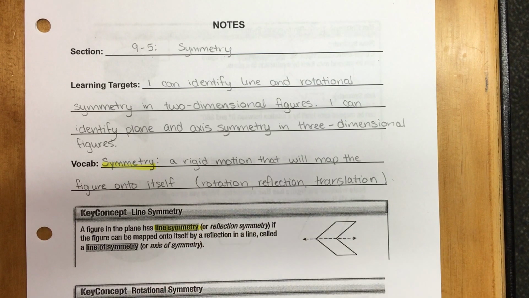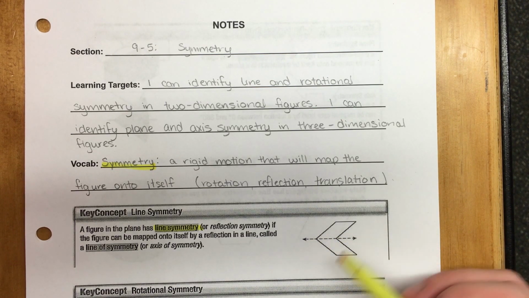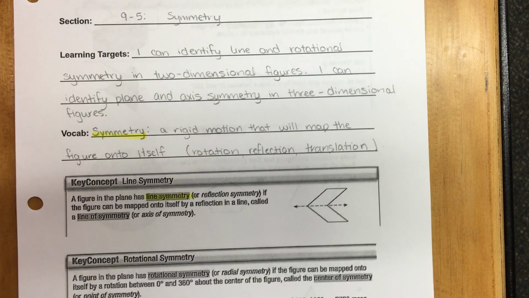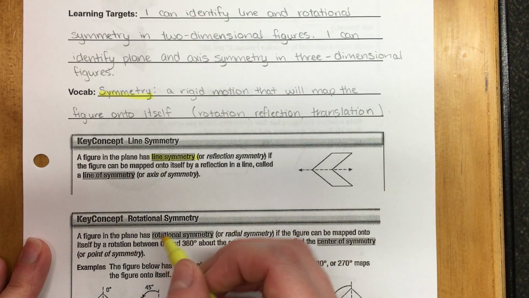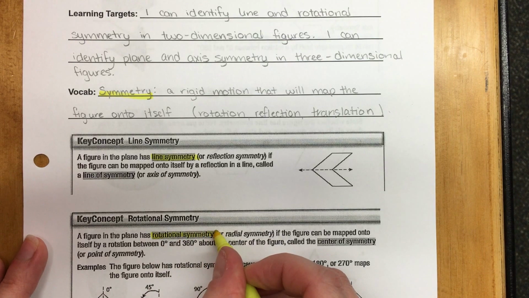So we're looking at an example of line symmetry, which is also called reflection symmetry, which means that we are reflected across this line. It's even on both sides, and that line is called a line of symmetry. Rotational symmetry, or radial symmetry, is when we can turn it.